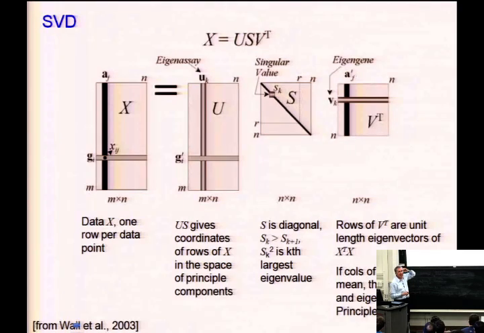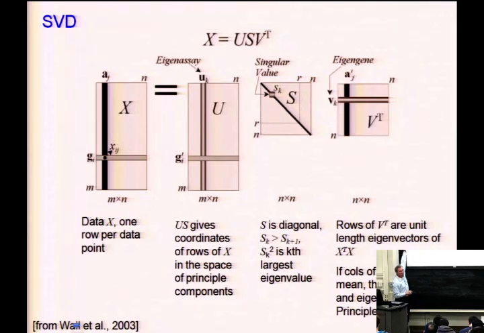But here's the idea. SVD is called for singular value decomposition. Essentially says we can solve for the eigenvectors by decomposing our data X. So X is our data.